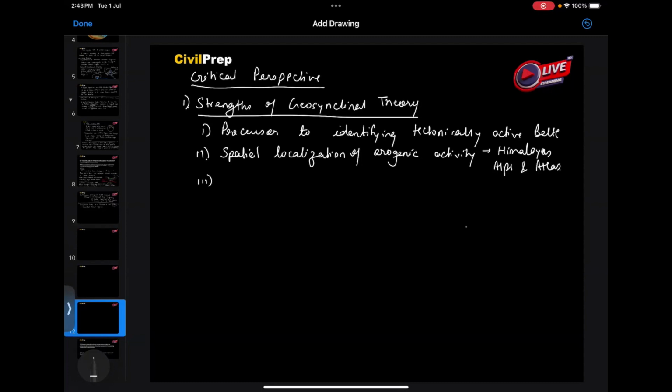Number three, it served as a foundational geological paradigm in the pre-seismology and pre-paleomagnetism era.